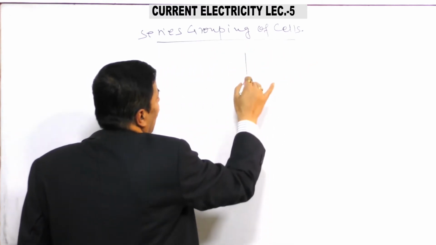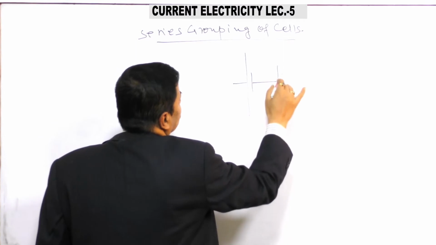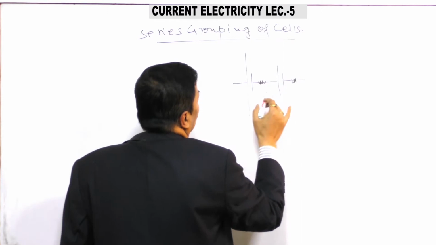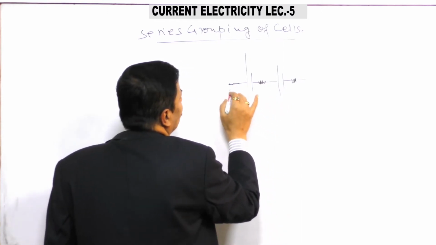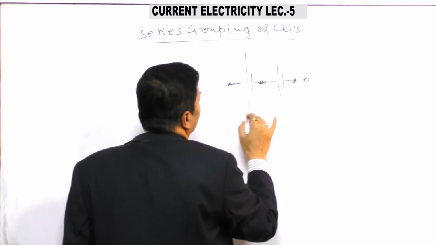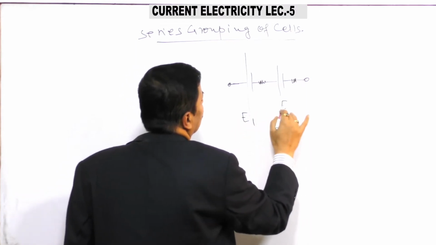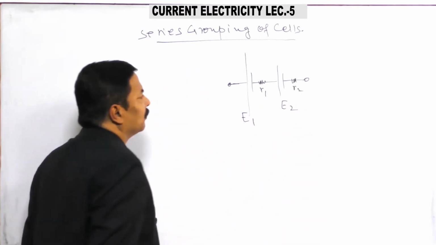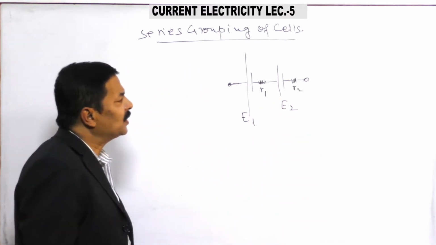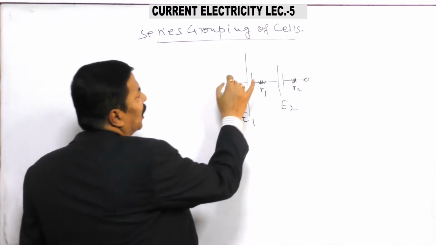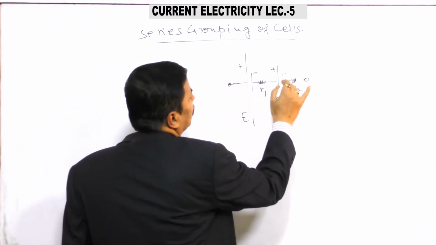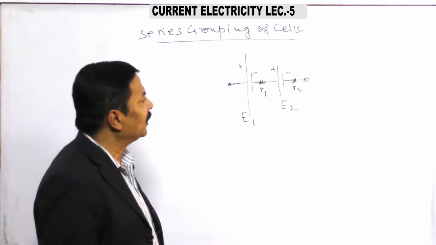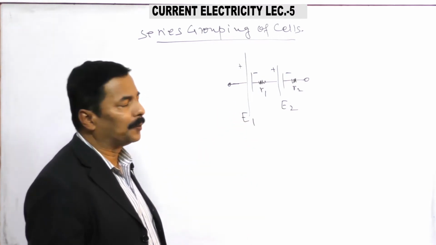If the cells are arranged in this way, this is E1, this is E2, this is R1, this is R2, the internal resistances. Here, positive terminal, negative terminal, positive terminal, negative terminal. The positive terminal is connected with the negative terminal. Then this grouping is called series grouping.